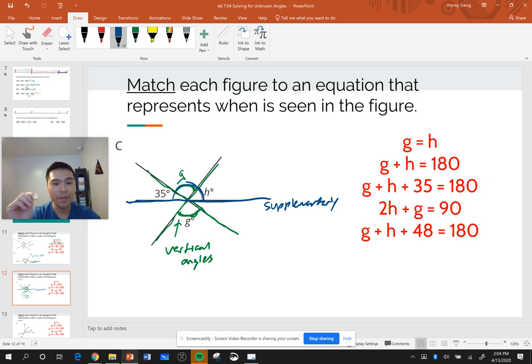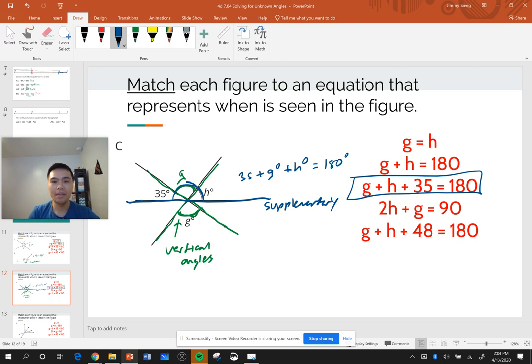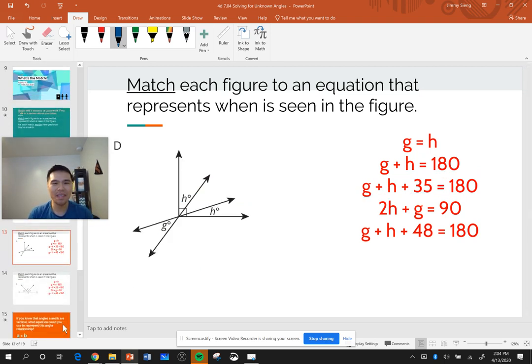So really this is going to be 35 plus angle G plus angle H, and that's going to give me that horizontal line, which is 180 degrees, okay? That looks like it's the third one here, all right? I'm just saying, but hopefully this is making sense.